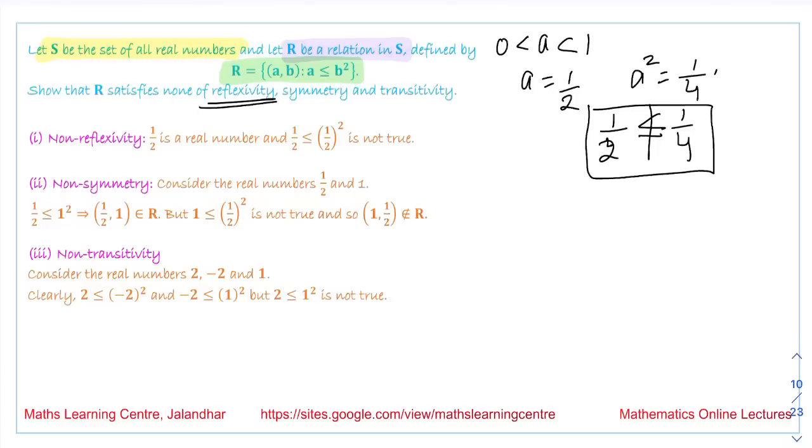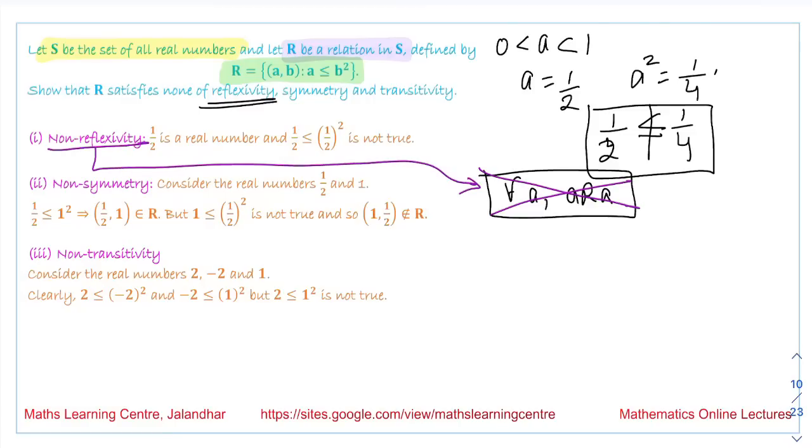So the condition that for all A, A is related to A does not hold here. So we are saying that this relation is not a reflexive relation.